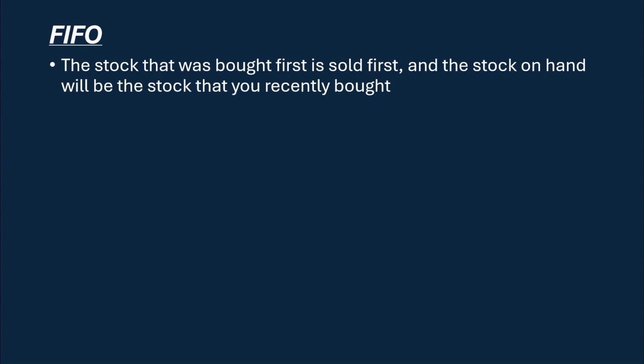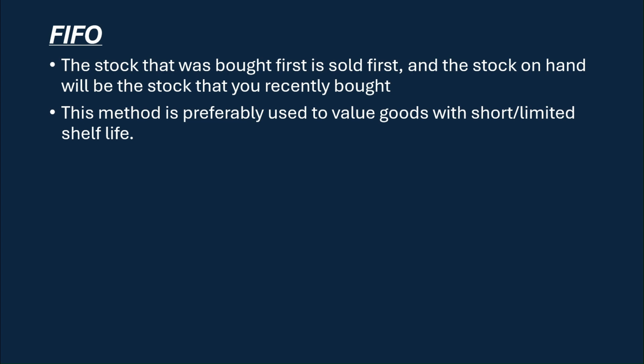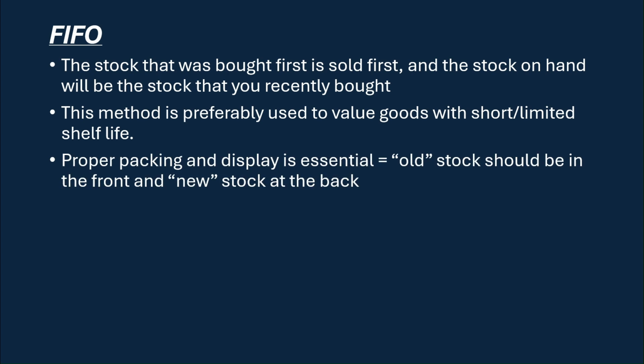So that's what we call first in, first out, meaning that the old stock is the one that we sell first. This method is preferably used to value goods with short or limited shelf life. These are the ones that if you keep them on the shelf for the longest time, they're going to get spoiled. So the ones that have been there the longest, we need to make sure that they sell first. Now, proper packing and display is essential, right?